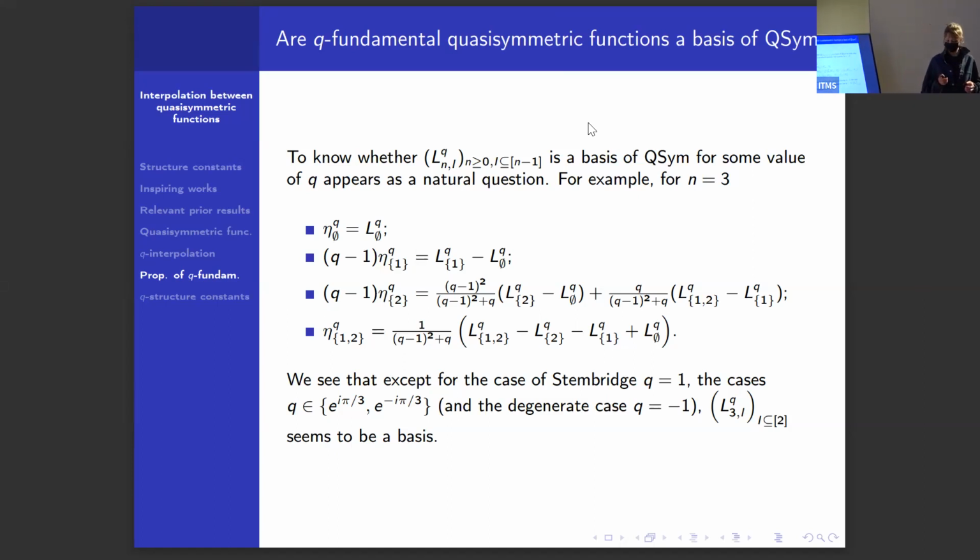Before moving to the general theorem, let us work out a little example for small values of n, for n equals 3.